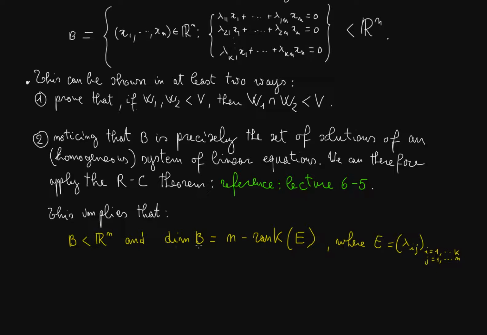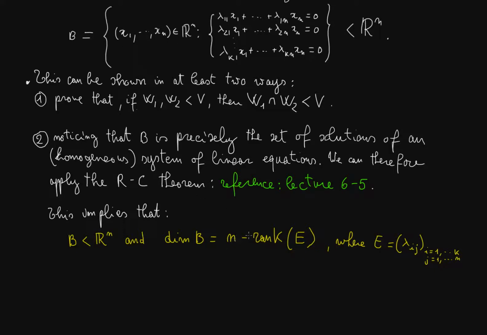So the dimension of B as a subvector space is going to be equal to n, where n in this case is the dimension of the Euclidean vector space, and also the same as the number of unknowns here, which are of course the coordinates of our vector in Rn.